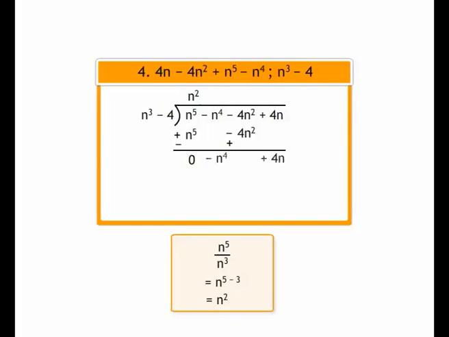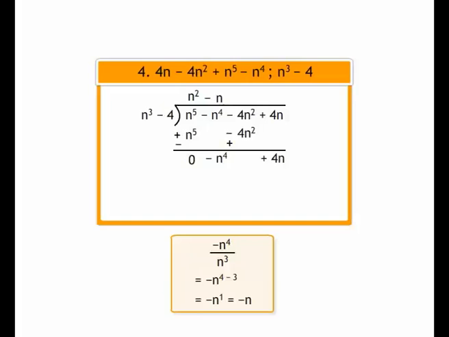So now we will divide the first term of the dividend, that is minus n raised to 4, by the first part of our divisor, that is n cube, that is minus n raised to 4 upon n cube, which is equal to minus n raised to 4 minus 3, as per the rule of the indices, which is equal to minus n raised to 1, that is minus n. And this becomes the second part of our quotient. Now we will write minus n as the second part of the quotient above the line.